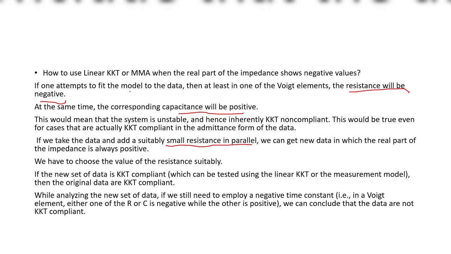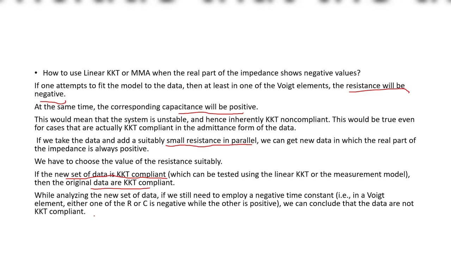That value is chosen appropriately based on how large the negative impedance you have got is. Then, if the new set of data is KKT compliant, I can say that the original data is also KKT compliant. This new set of data I can test using linear KKT or the measurement model approach, and if that is KKT compliant, the original data is also supposed to be KKT compliant.